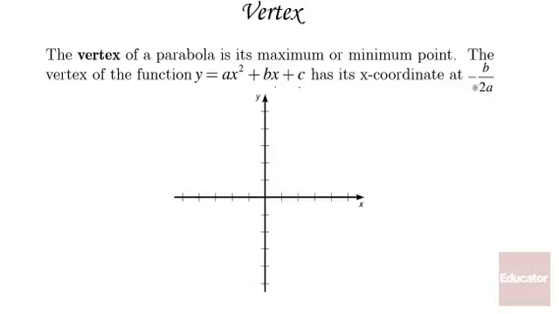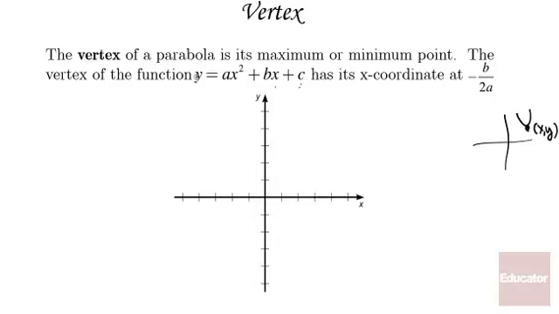So this formula gives you the x coordinate of the vertex. However, if I've got a vertex, I'm going to need to find an x value and a y value. But once I've found that x value using this formula, then I can just substitute that x into the function to generate my y coordinate.